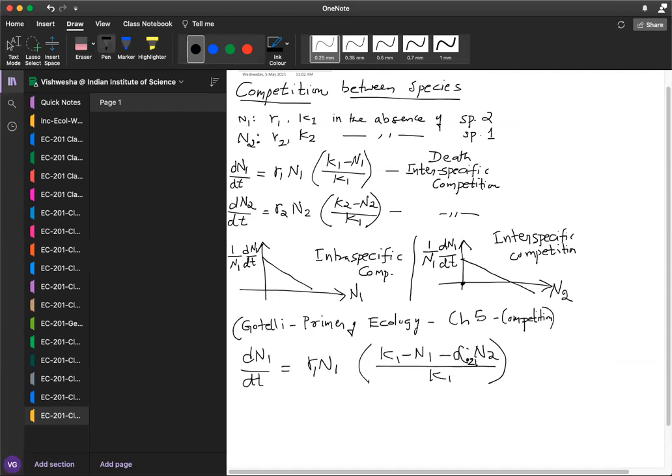Why am I writing it as 2,1? It's the effect of competition because of 2 on 1. So 2,1 means the competition goes in the direction 2 to 1. Is that fine? I hope the books don't use the exact opposite notation. It's actually possible that some books do, but this is what I am using.